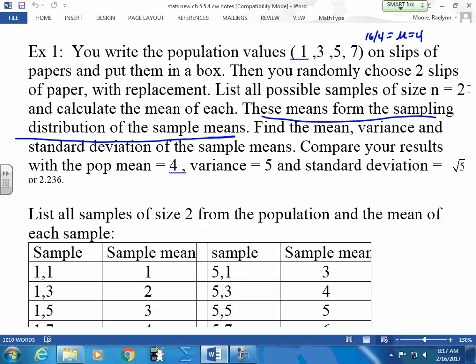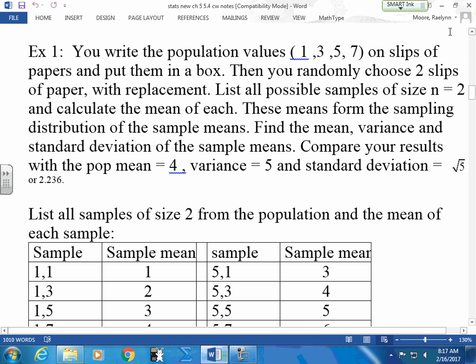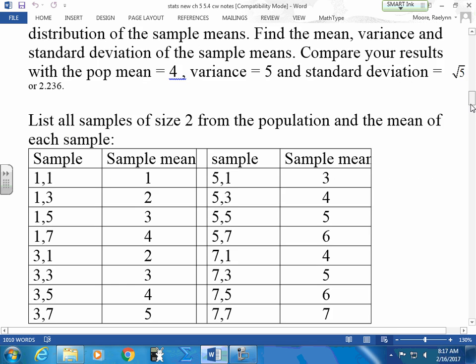Now, keep that in mind. This is your population mean. If I put this in my L1 and did a one-variable stat, my population standard deviation would be the square root of 5, because my variance is 5. My standard deviation is the square root. Keep that in mind. So now, we're going to come down here and we're going to compare our results.